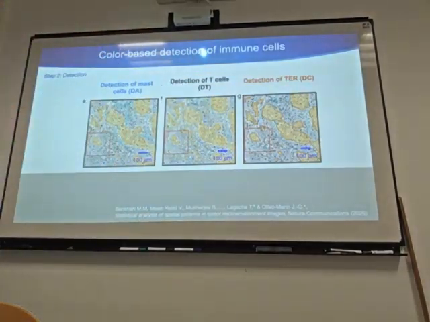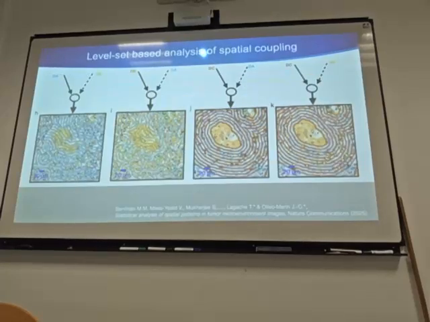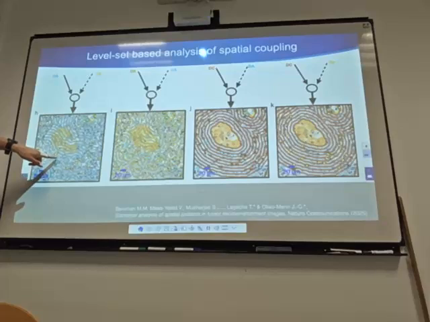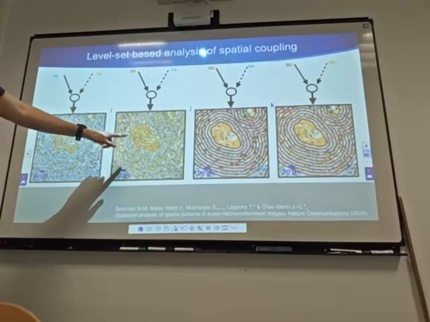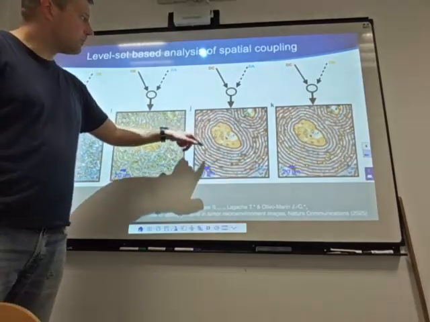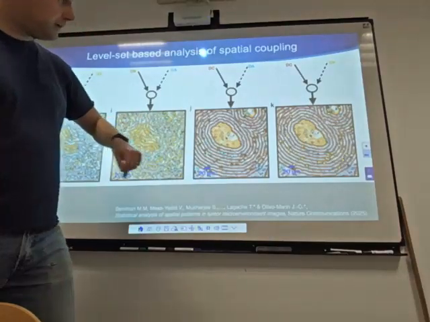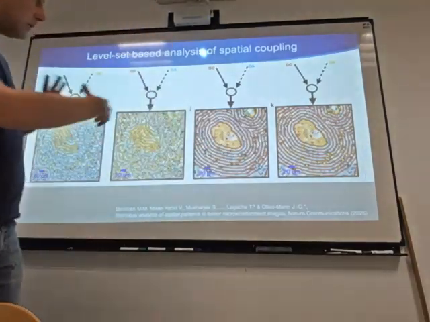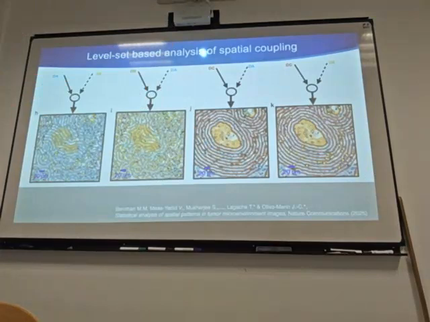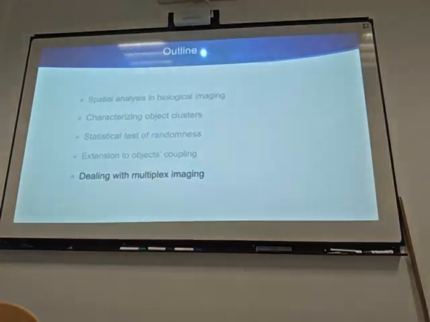So let's say tumor. And then we can use the level set to map, for example, around mast cells in cyan, the accumulation of yellow, around yellow, the accumulation of cyan, around the tumor, the accumulation of cyan, and again here. So we have like 4, and it works pretty well.